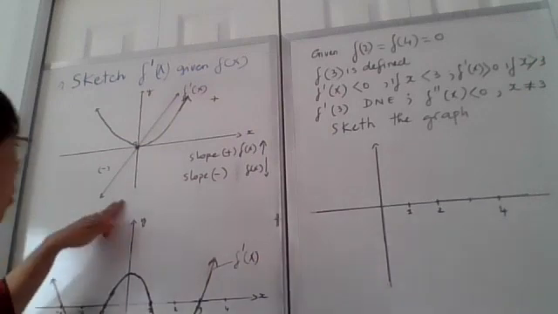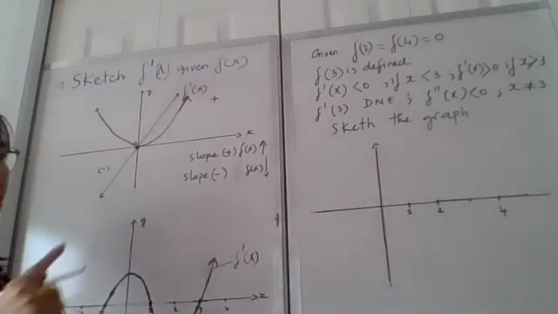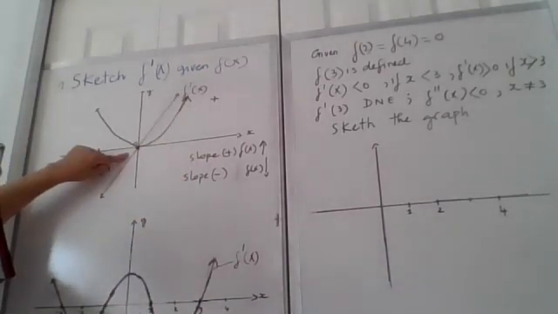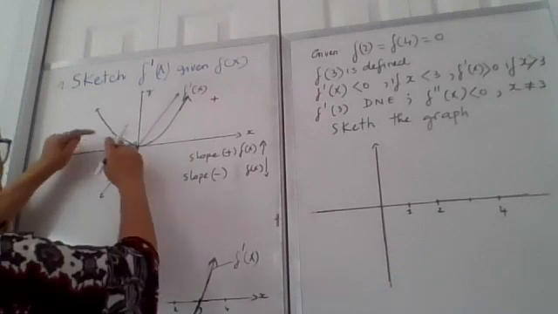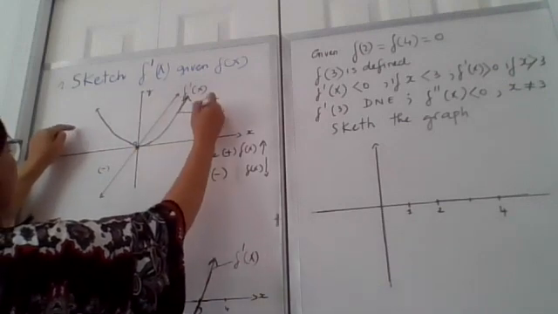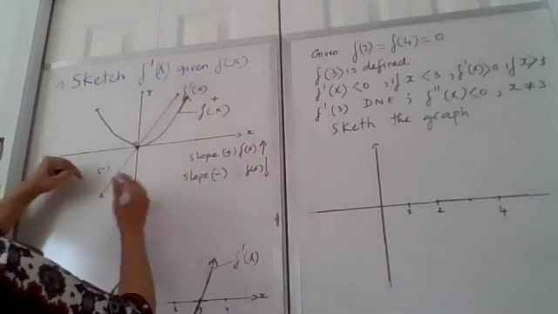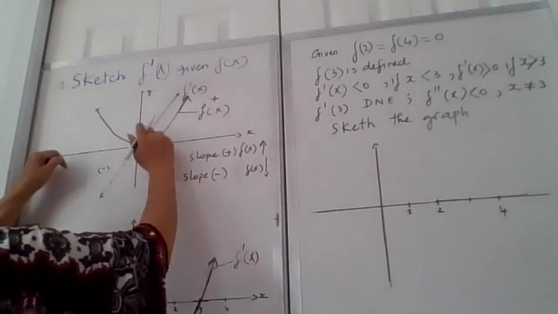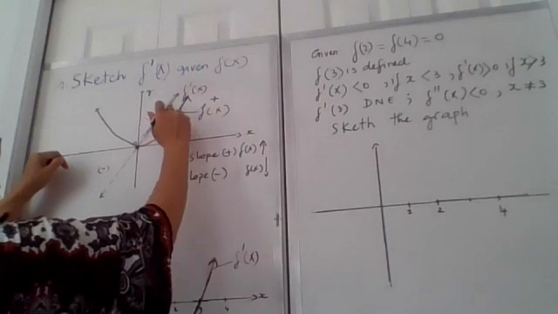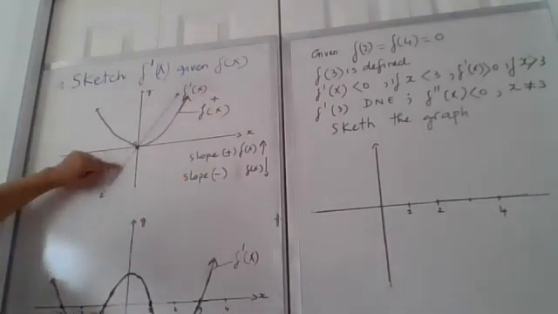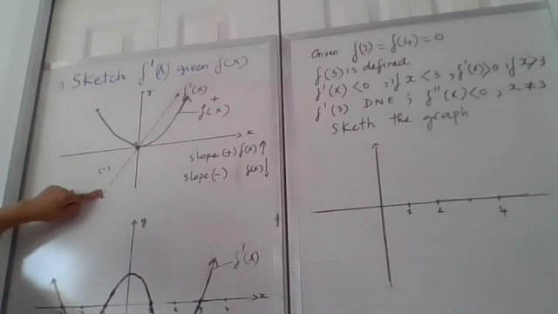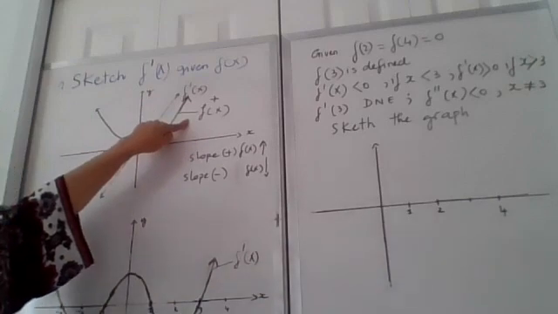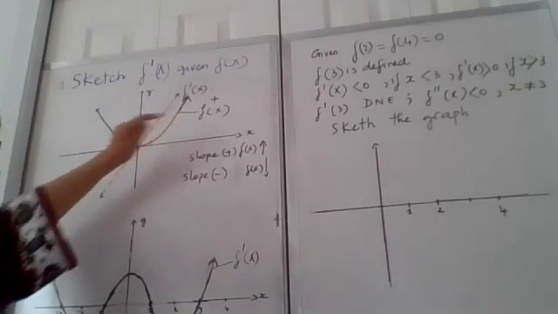Now, because on the board it's hard to see the color, I leave the f of x as the solid line. After I sketch this, this is the f of x, the original function. Then I'm going to make some part of it a broken line instead of a solid line, so that you will figure out that the broken line is the derivative graph, and the solid one is the f of x function we tried to sketch.